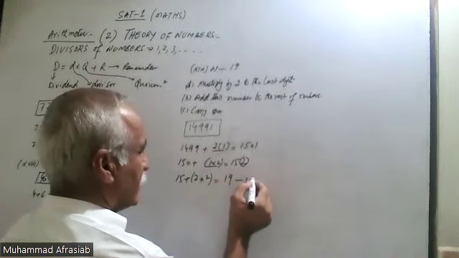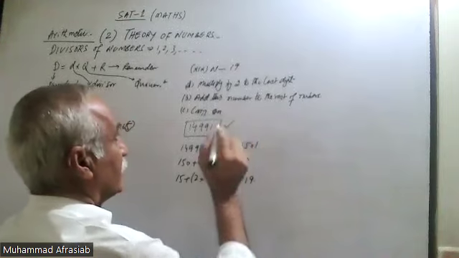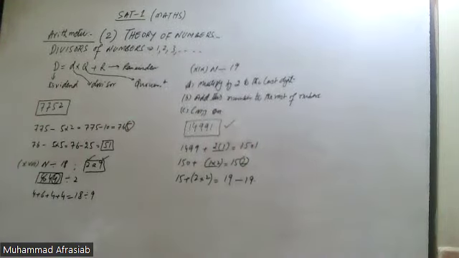And since 19 is divisible by 19, this number is divisible by 19 there.